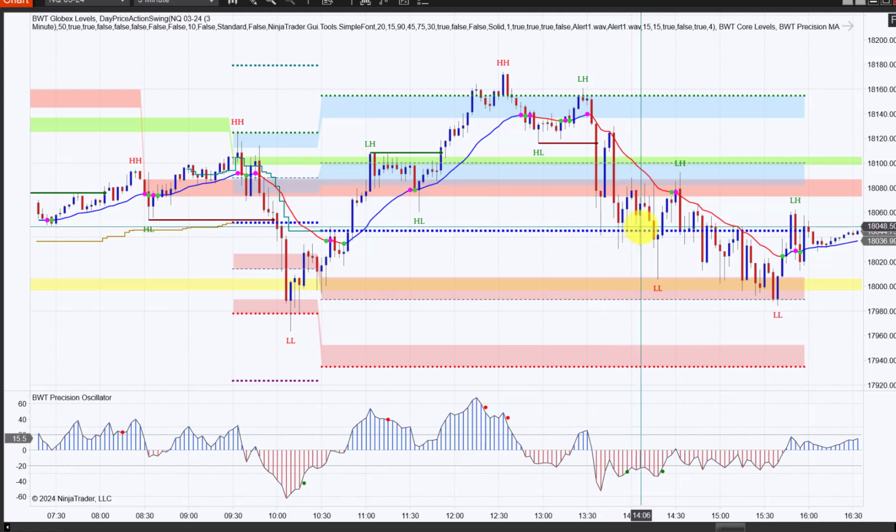And you can see how price was testing this level between here and the lower blue hot zone. And then finally the market sold off down to the upper red hot zone here and then into the close. But anyway, it's just another example of price interacting very accurately with the levels.